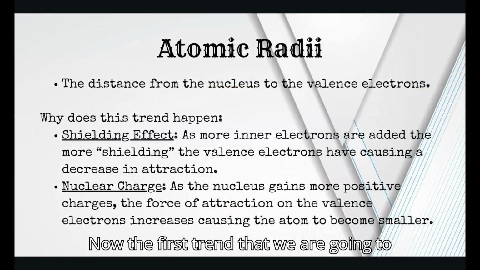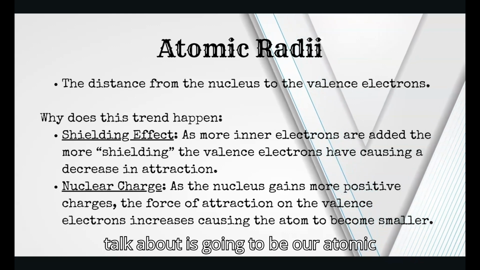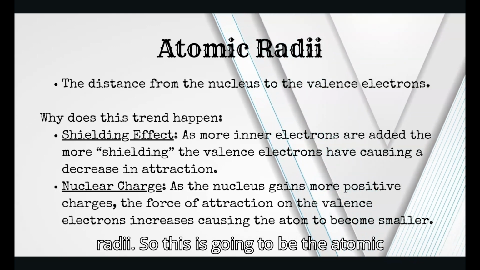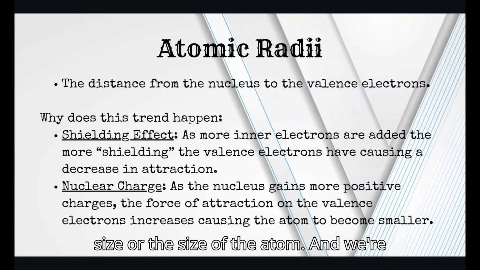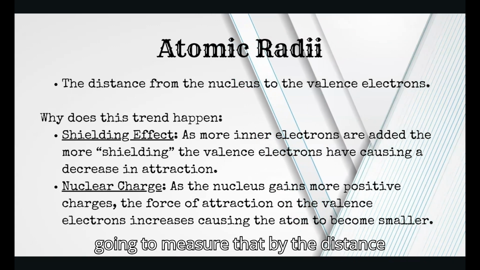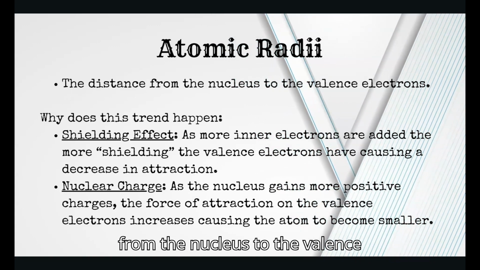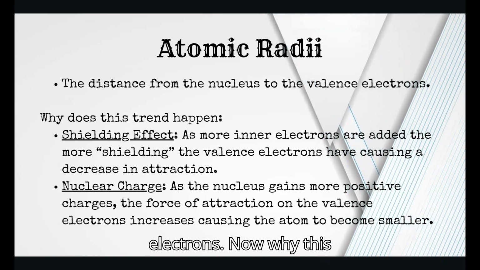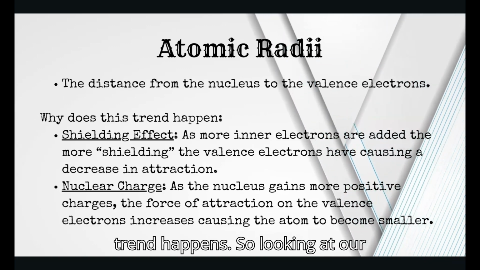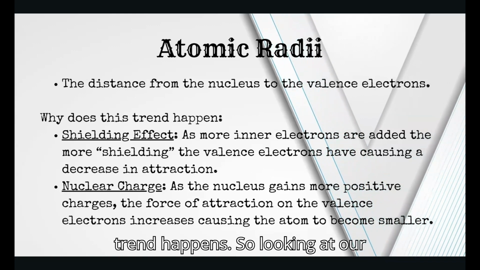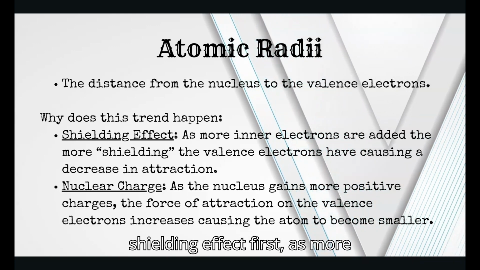Now, the first trend that we are going to talk about is our atomic radii. So this is the atomic size, or the size of the atom. And we're going to measure that by the distance from the nucleus to the valence electrons. Now, why does this trend happen? Looking at our shielding effect first.